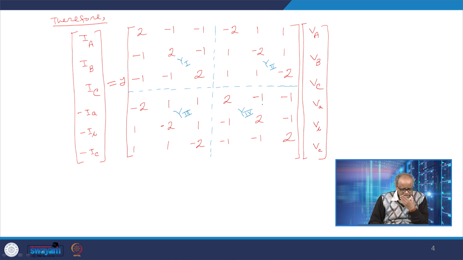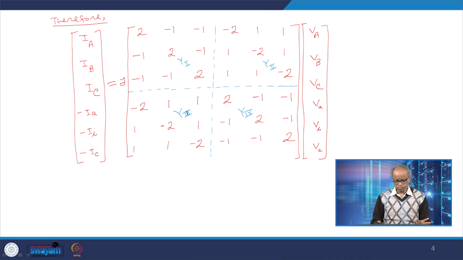As usual, we can see that y2 and y3 are transposes of each other. So this is the way to model a Dd0 transformer.